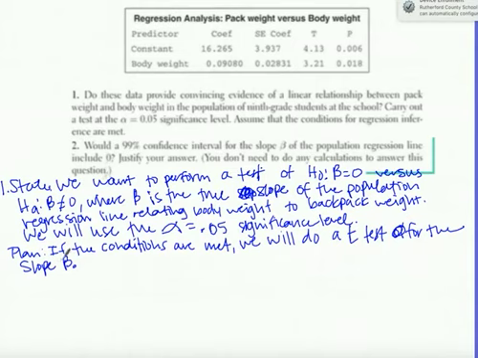Because we already said that the conditions are met, we are assuming that everything's good to go. Then we're going to move on to do.